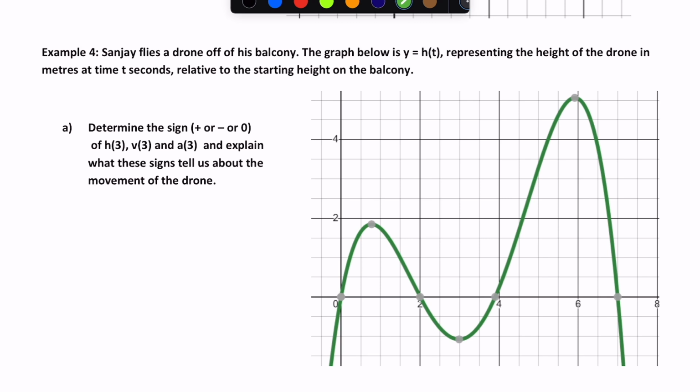Okay, so again, remember that h of t will represent the height of the drone at time t.